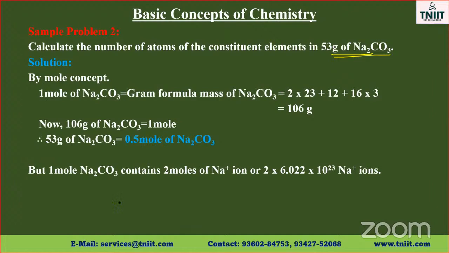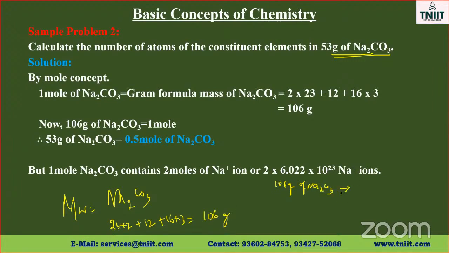Molecular mass of sodium carbonate is 23 into 2 plus carbon is 12 plus 16 into 3, 48, and this is 106. 106 grams of sodium carbonate contains 1 mole. So 53 grams of sodium carbonate will be 0.5, half a mole of this. Half the mass we have, therefore it's half a mole.